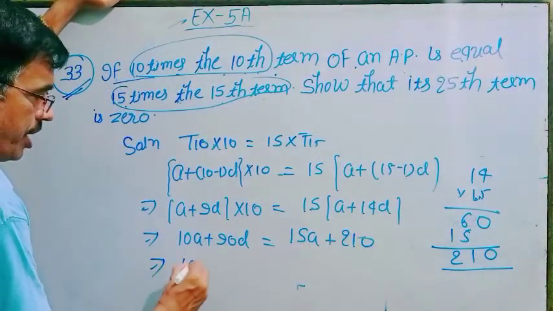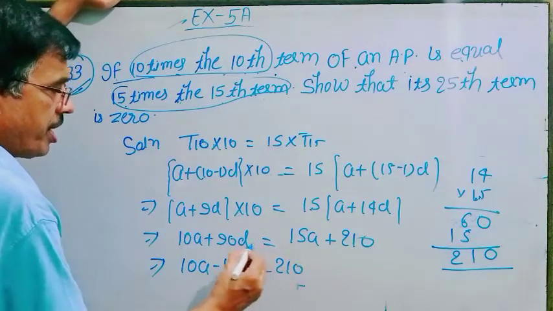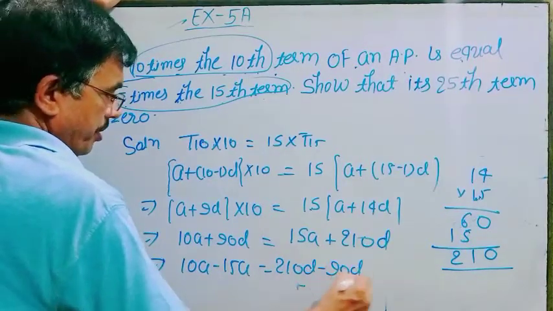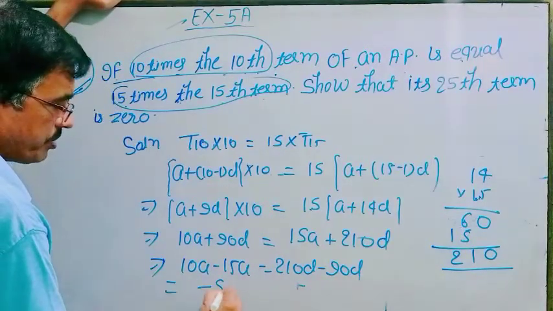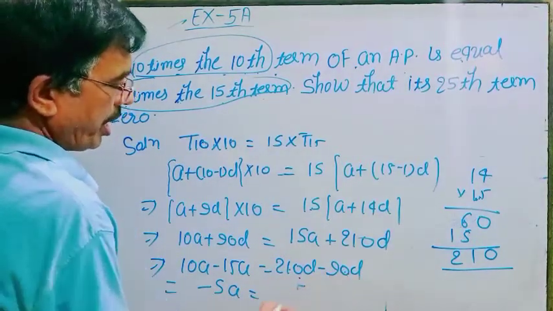Then 10A minus 15A is equal to 210D minus 90D.